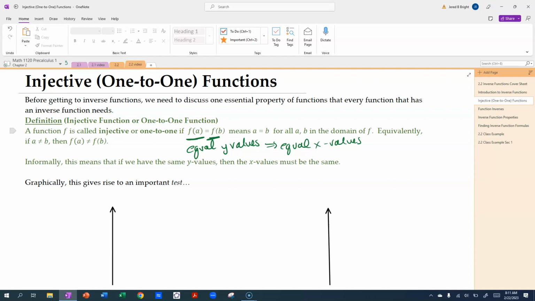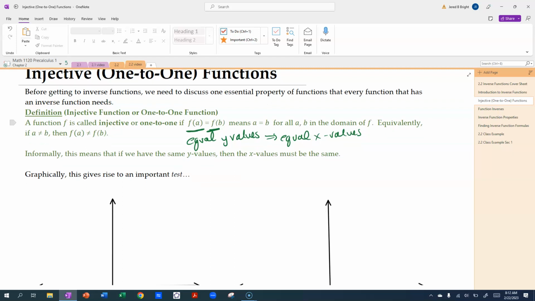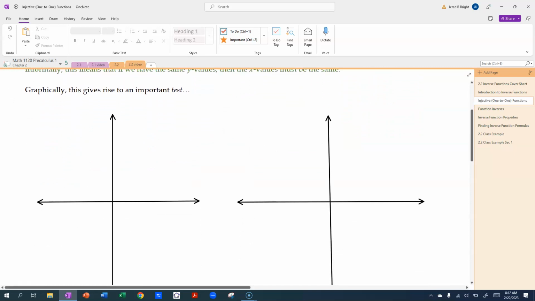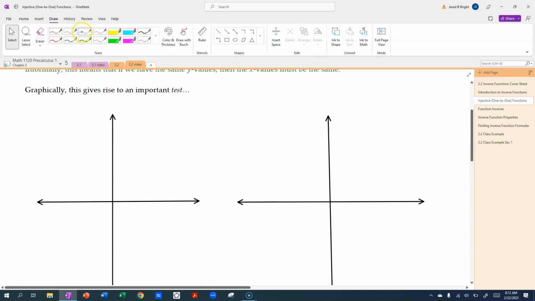But more importantly, you actually have to think about it in reverse. So if we're looking at a particular y value, there's only one x with that property. What we can think about is I'm going to draw two examples. Here I'm just going to draw a nice smooth curve like this.